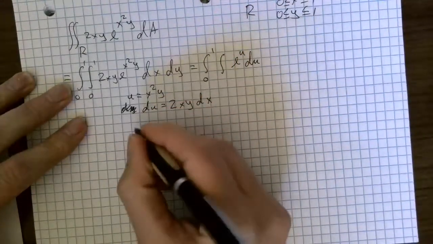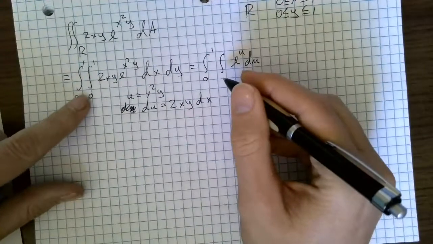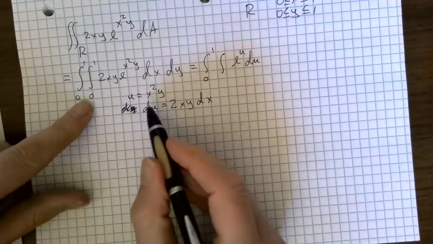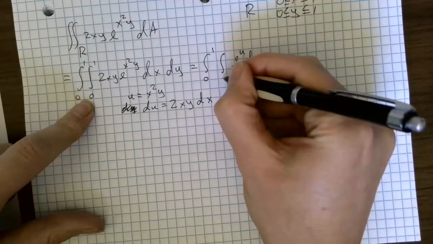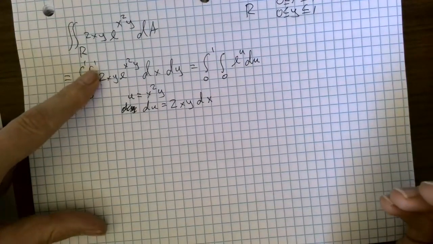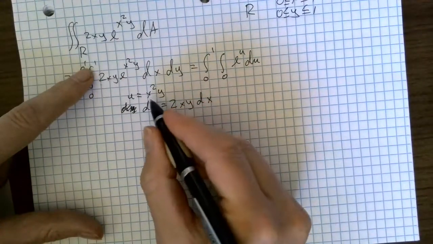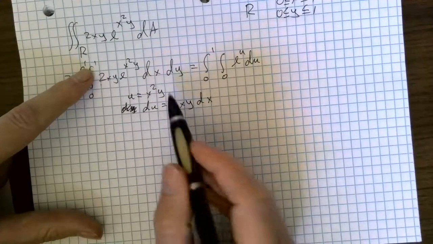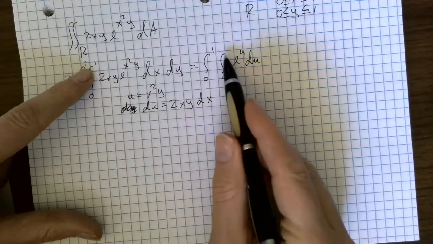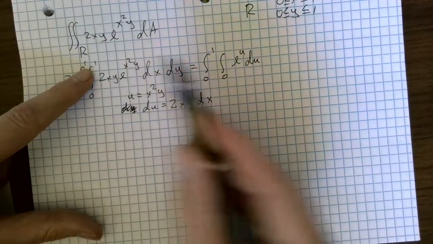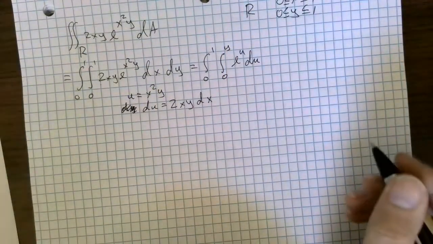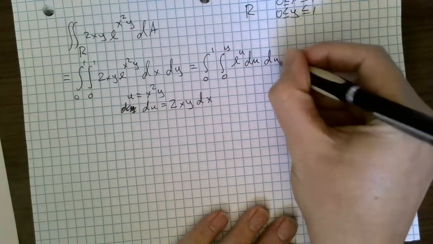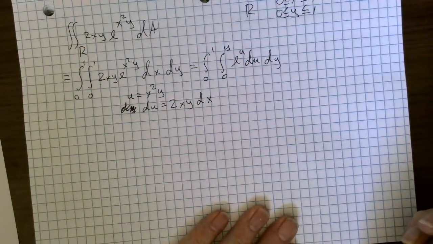And u goes from, when x is 0, what is u? Well, when x is 0, u is also 0, so it goes from 0, and when x is 1, u is y, right? So this goes from 0 to y, dy.